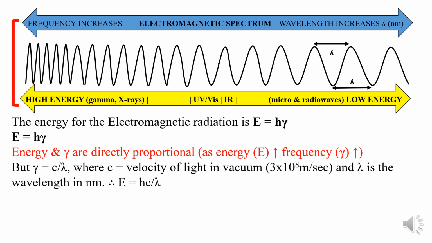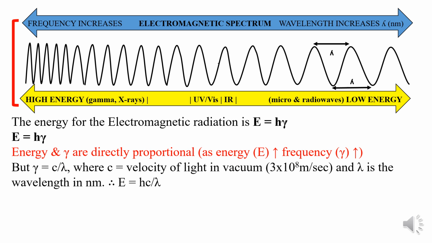But in this energy equation for the electromagnetic radiation, frequency is given by c by lambda, where c is the velocity of light in vacuum, that is 3 × 10⁸ meters per second, and lambda represents the wavelength in nanometers. So now the equation is reduced to E equal to h c by lambda.